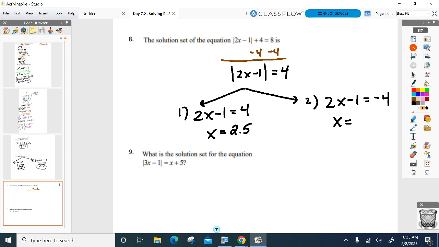Over here, negative 1.5. And they both check. I'll save you some time if you haven't done so already. They both check to be okay.